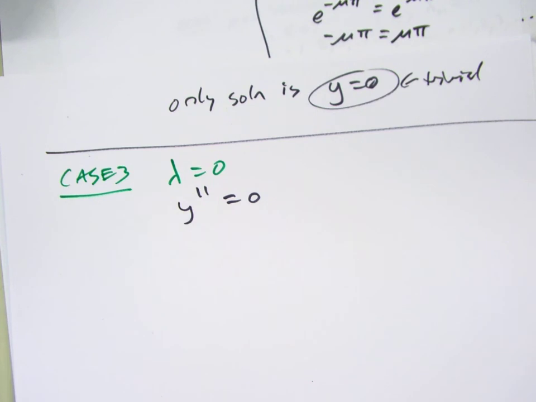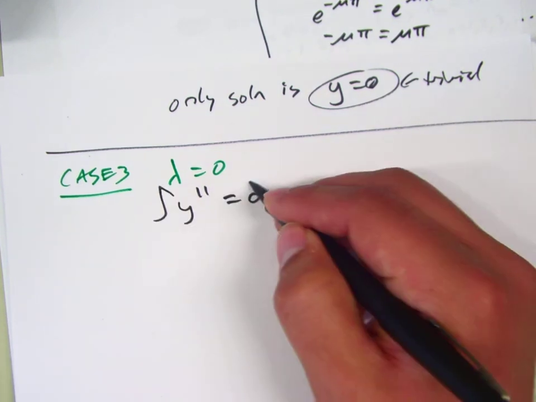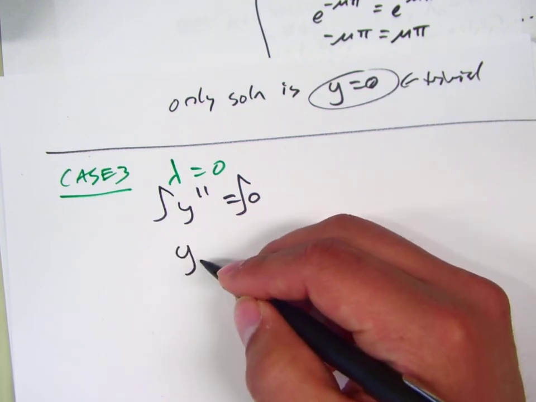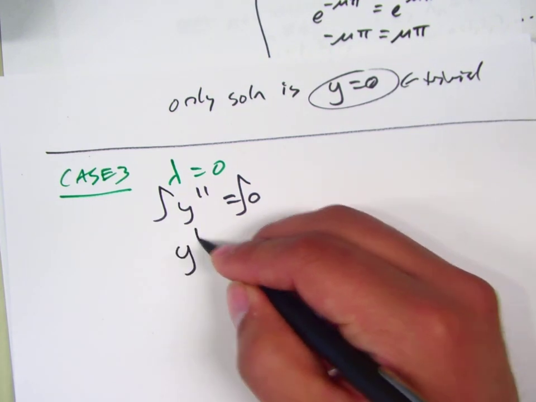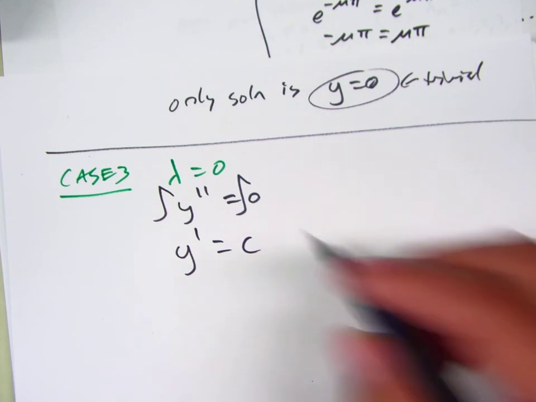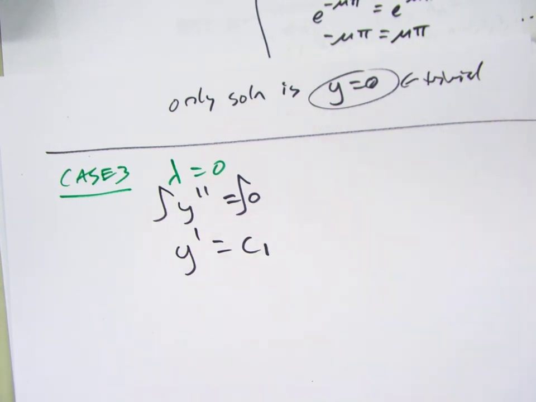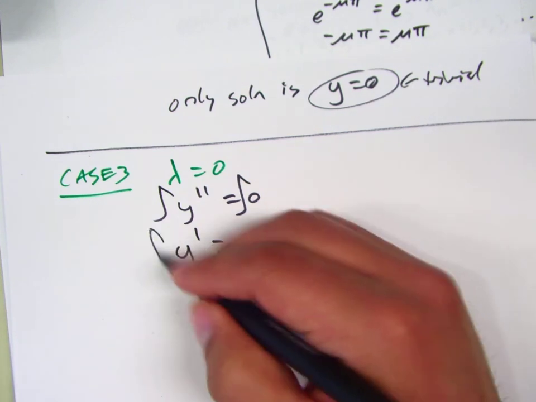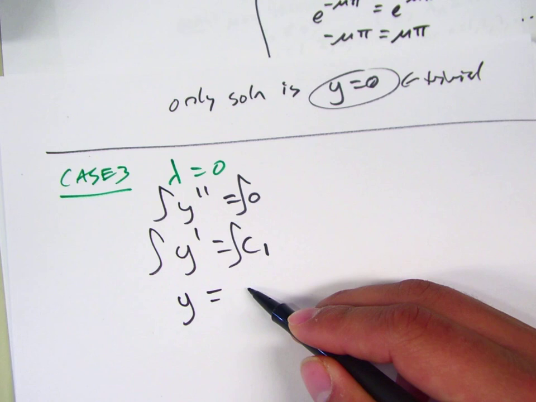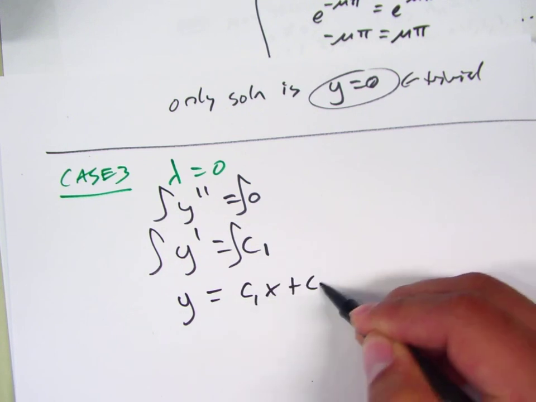It's a good thing we're reviewing this. What happens if I integrate? Y prime equals c. What do I do next? So let's call this C1 because we're going to bring in two constants, right? Integrate again. Now you get y equals what? There we go.